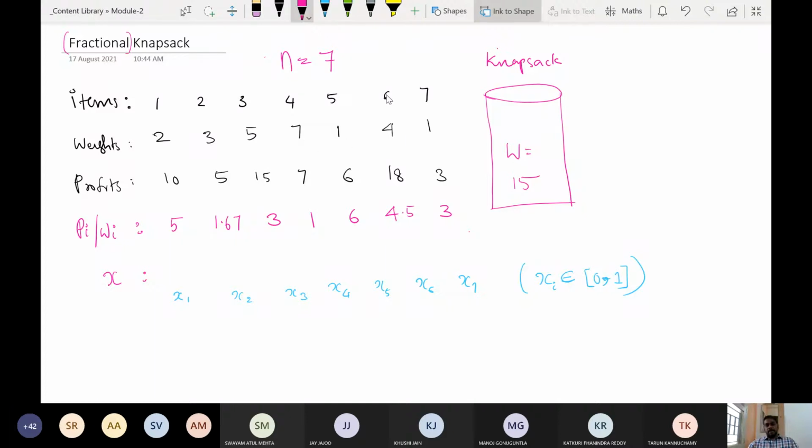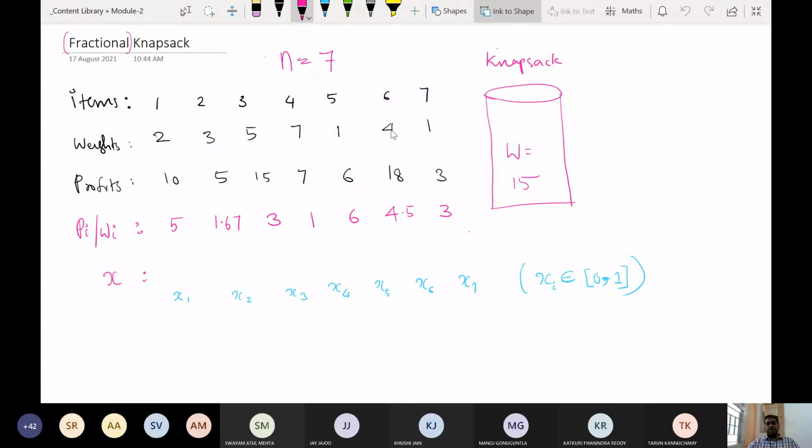Suppose item number 6, you have a total of 4 kilograms. This means you don't need to take the 4 kilograms of item number 6 compulsorily. It is not mandatory that you should take all the 4 kilograms of item number 6. You can divide it. Since these are vegetables, you can take 1.5 kilograms. You can take 0.8 kilogram of item 6 because these are vegetables or fruits.